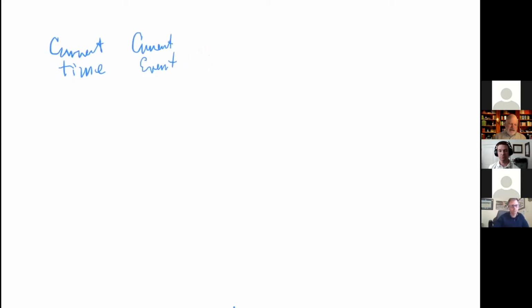Then we're going to keep track of our state variables, Q, S, and L. But most importantly, we're going to keep track of the event list.